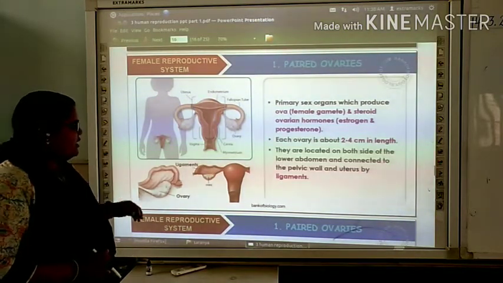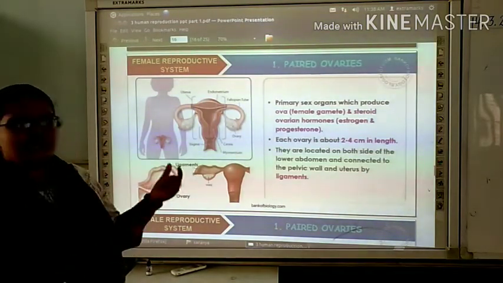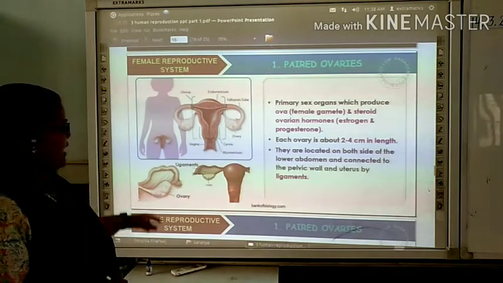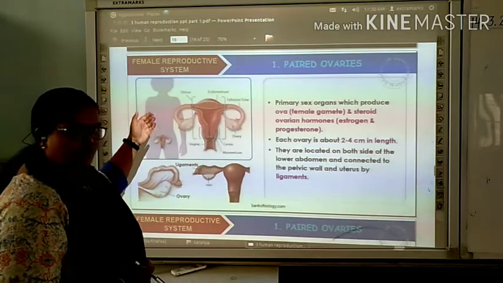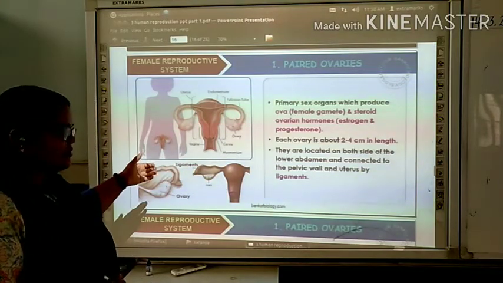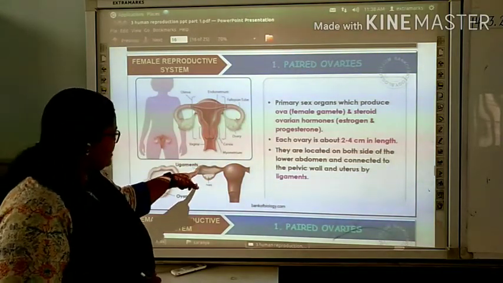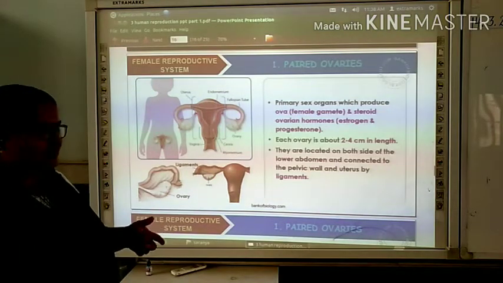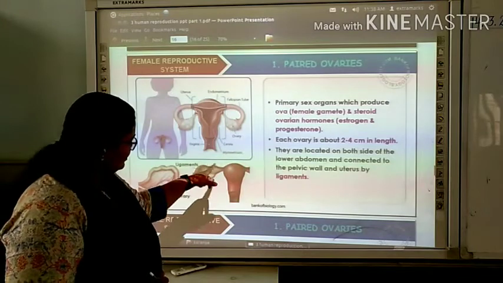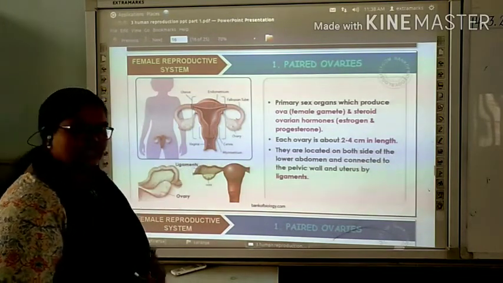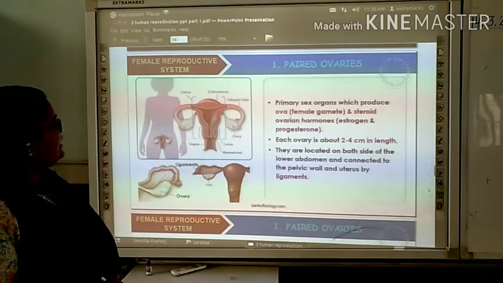Right. So here, each ovary is a size of 2 to 4 cm in length, and these ovaries are attached to the pelvic wall and the uterus wall by a ligamentous tissue, which is a connective tissue. This is the structure of the ovary.